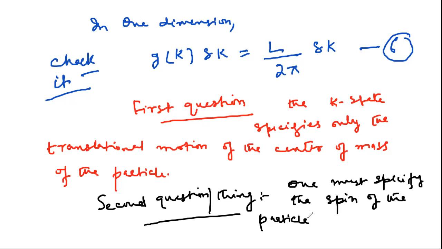Now, how we deal with that, we redefine our states. Let me write. So what we do, we redefine g of k delta k.